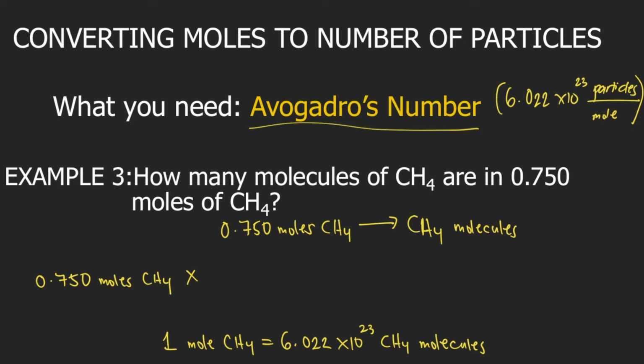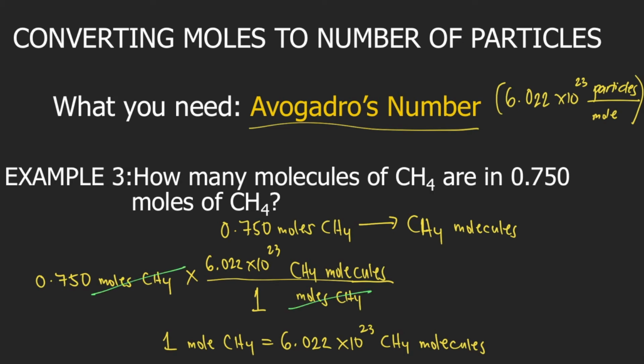So to cancel the moles, we will put moles on the bottom, and on top we put CH4 molecules. So 1 mole is equivalent to 6.022 times 10 raised to 23 molecules. So moles will cancel and the unit becomes molecules.